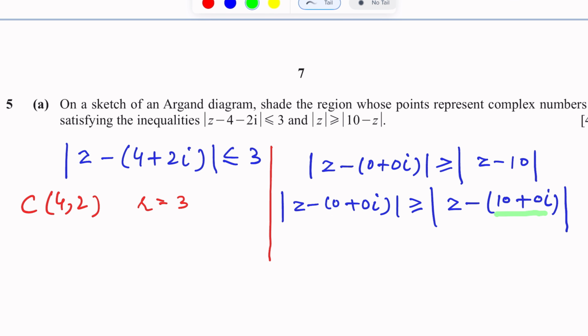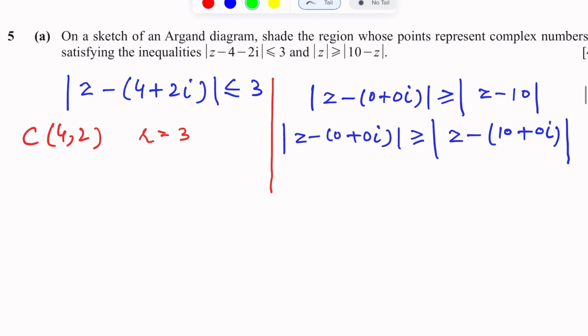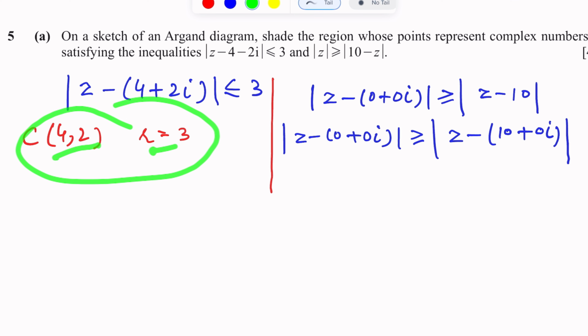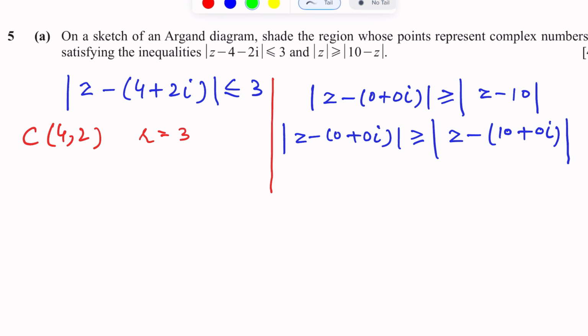So from the first inequality the locus will be a circle of center (4, 2) and radius 3. And from this one the locus will be a perpendicular bisector that joins these two points, (0, 0) and (10, 0). We join these two points and take the perpendicular bisector of the line joining (0, 0) and (10, 0). The perpendicular bisector will be the locus.